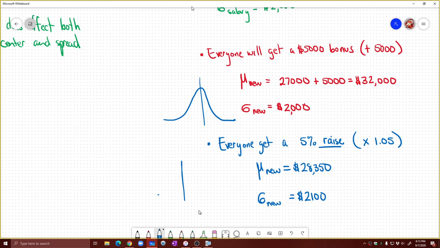But what have we done? Now I've increased the spread. So I got a much larger spread of wealth here than here, where originally the spread was 2,000. It's still remaining 2,000.